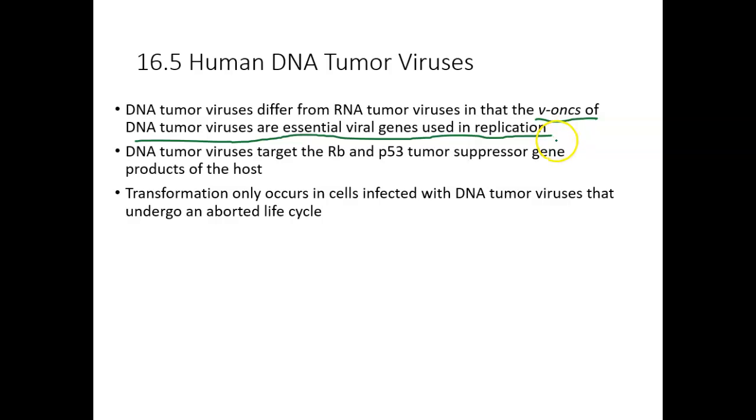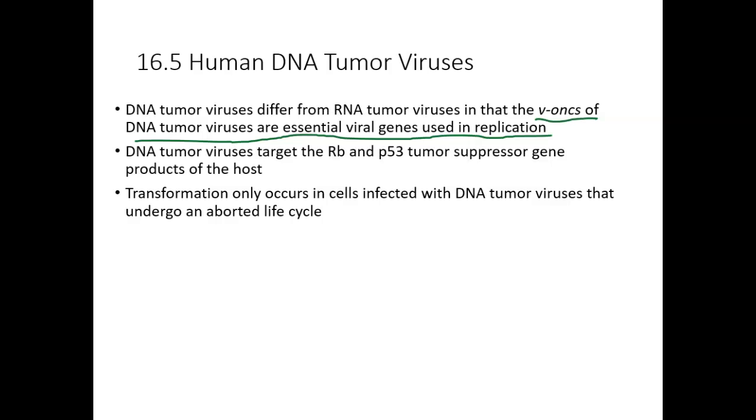RNA tumor genes, on the other hand, we think are kind of stolen from the host cell. We think that these viral associated genes are not necessarily essential, and that they are taken directly from the cell during a mistake in viral replication.